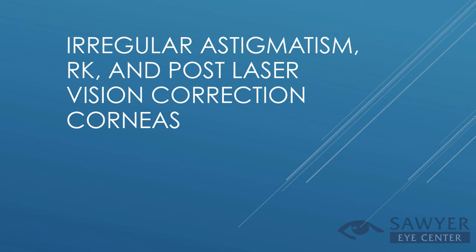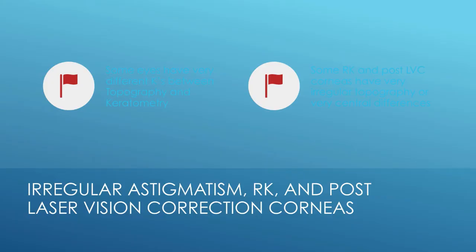Moving on to irregular astigmatism, RK, and post-laser vision correction corneas. So some eyes have very different Ks between topography and keratometry, or between refraction and topography.